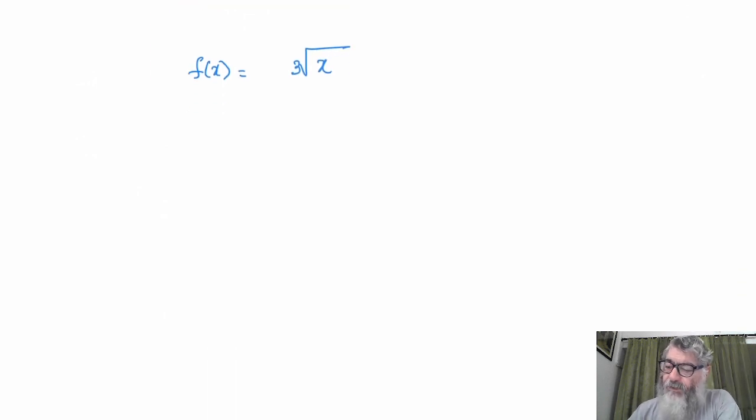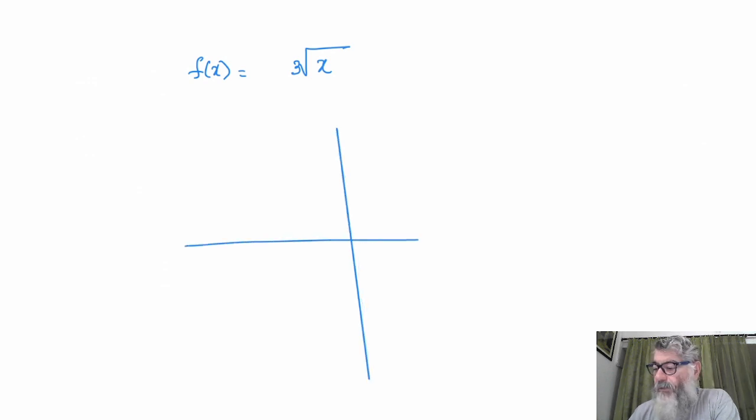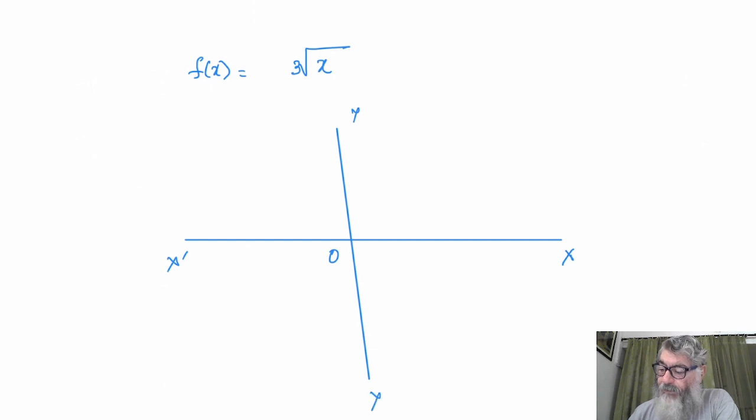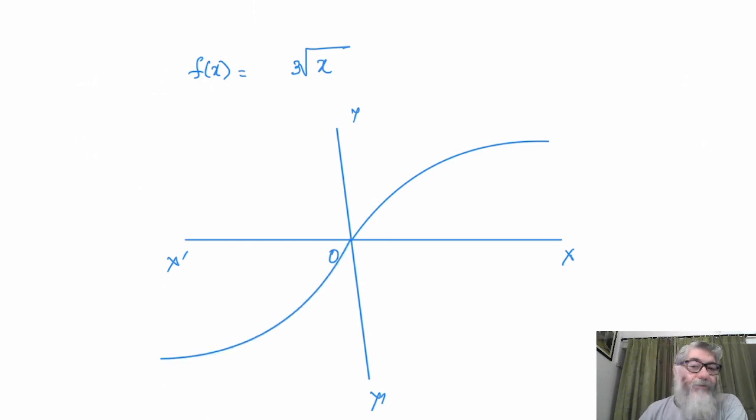Let us draw the curve. Again, I draw the line. Two axes are drawn, OX, x dash, y, y dash. This is the curve which we obtain.